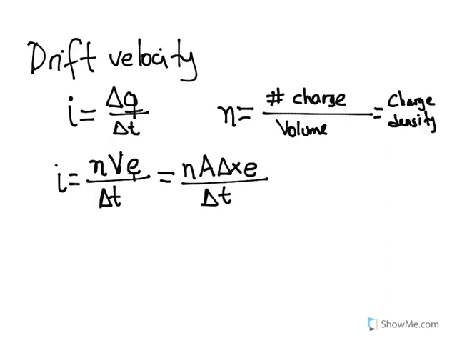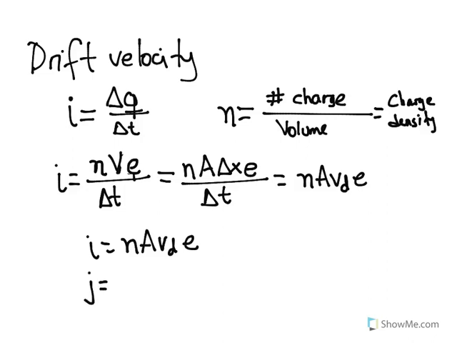Given that delta x over delta t is the drift velocity, we can say that this is N times the transverse area times the drift velocity times e, being e the elementary charge, because we're working with electrons moving. So the current is going to be equal to N A v_drift e, and the current density is this per unit area, so this is J = N v_drift e.